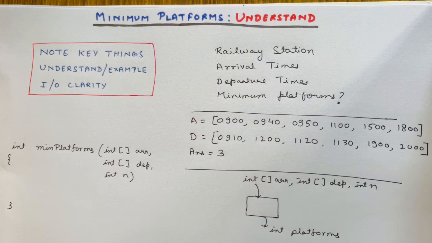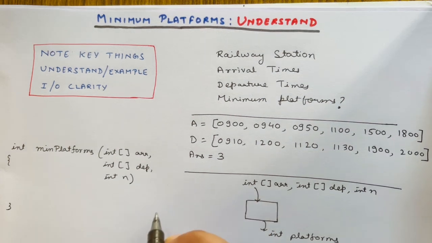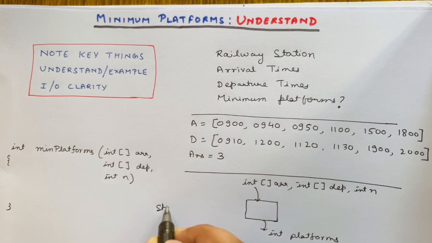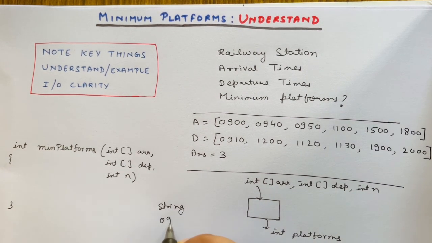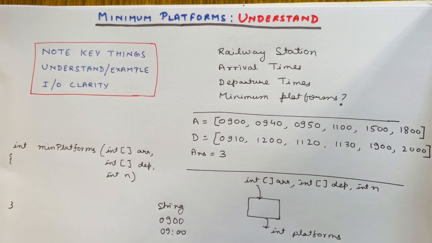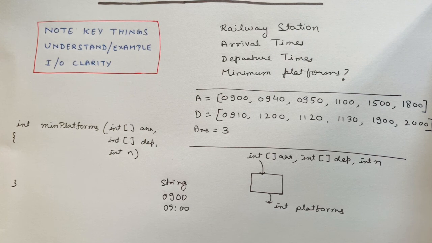One important thing to clarify here is what will be the input type of arrival and departure times. While we have taken here as int array, this could have been very easily a string array. Instead of 0900, it could have been represented as 09:00:00.